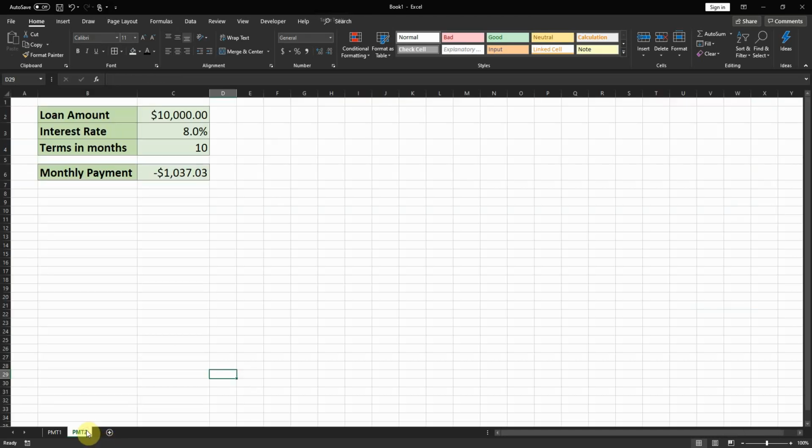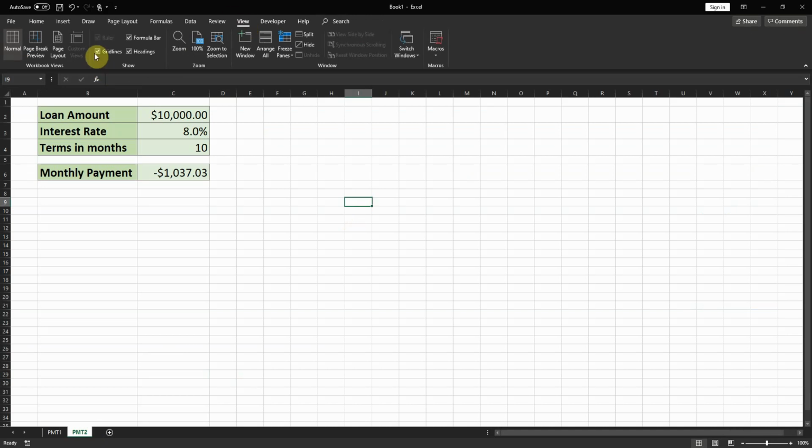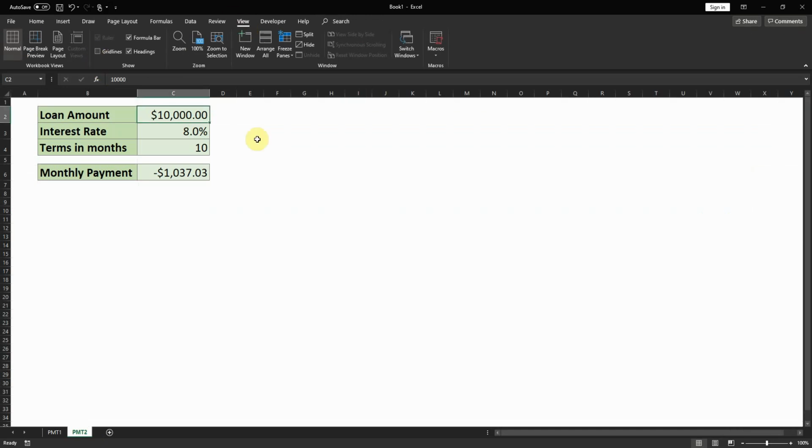Let's make it in a table form, in this vertical view, to better understand it. So we have the loan amount, the interest rate, and the terms in months. This interest rate is also in months, well, actually, depending on what is stated in the scenario.